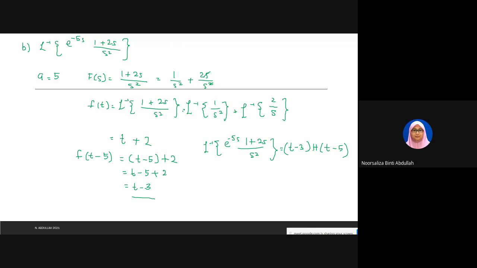Okay. So this is your answer. T minus 3, HT minus 5. This one in unit step. Okay, you change this one to step function.